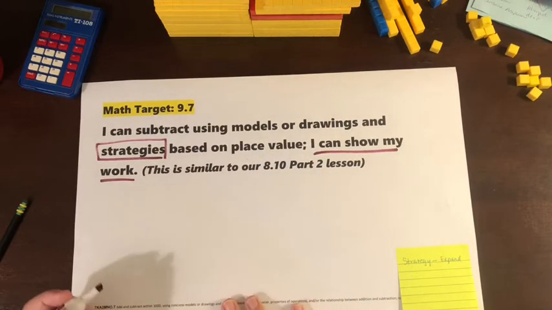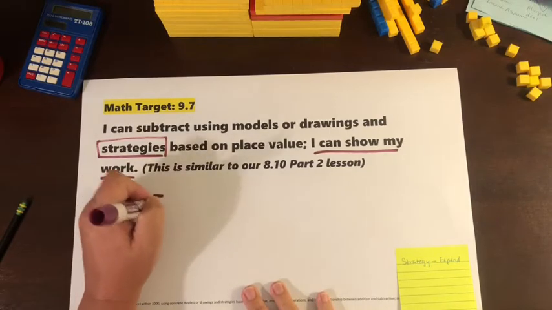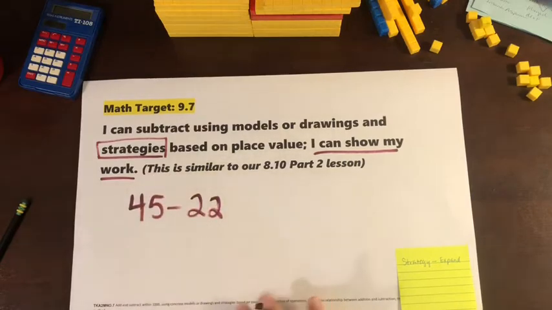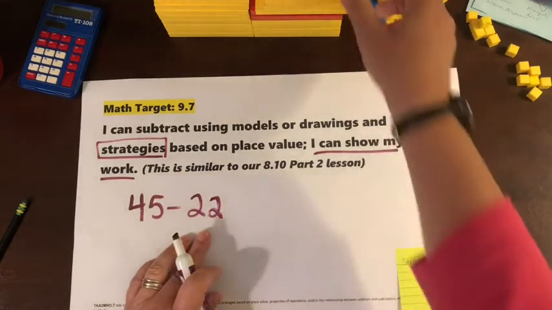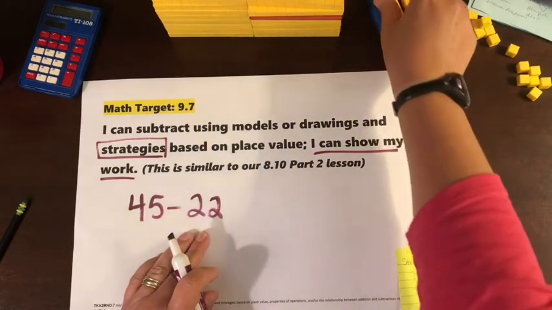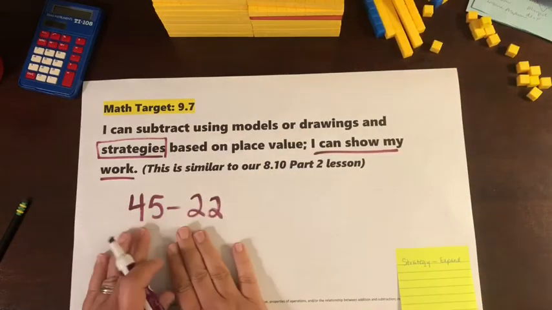So on the previous lesson, we did 45 minus 22. And when we did 45 minus 22, we used base 10 blocks to be able to take the tens and build the number.